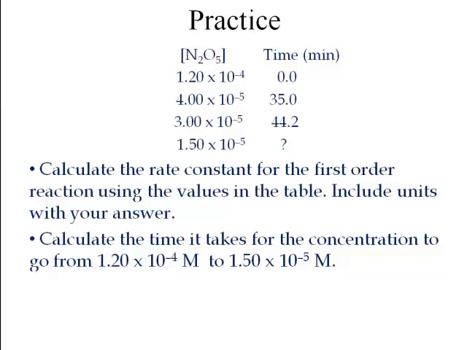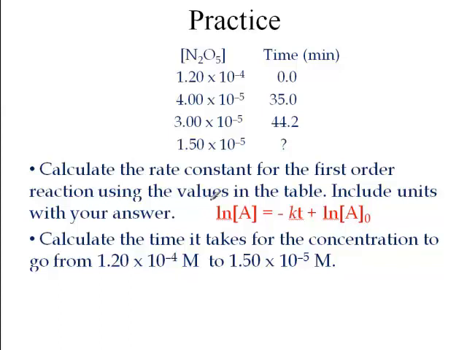So again, we've got this expression. Alright, so there's the formula to use, just to make this easy. Let's do this first problem right here. We know it's first order, so I can use this expression right here. And of course they want the units.